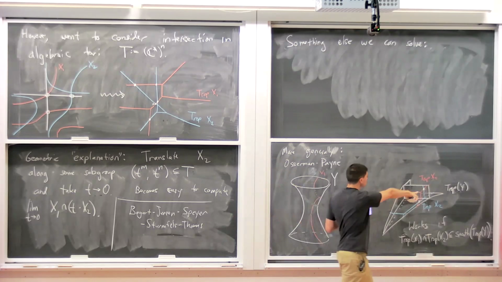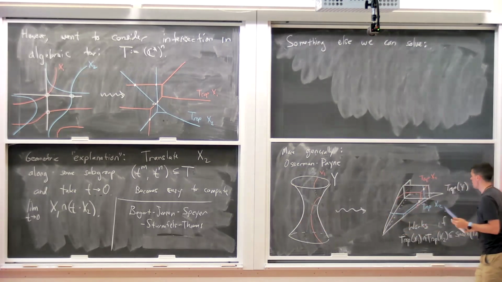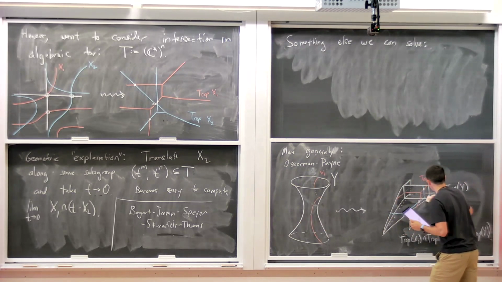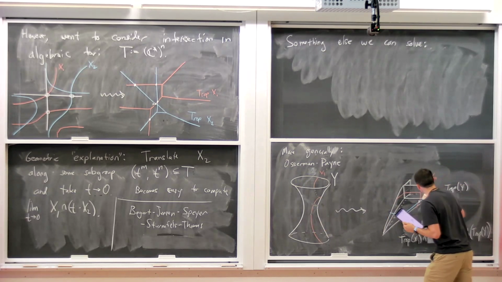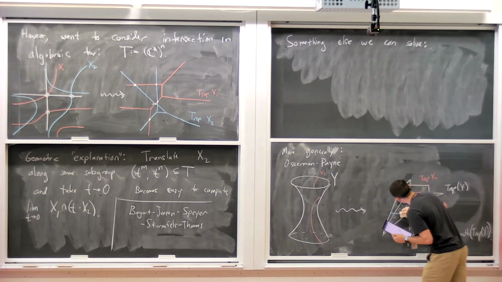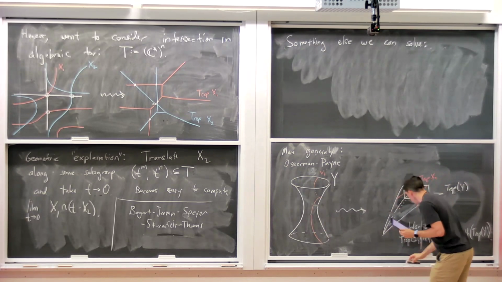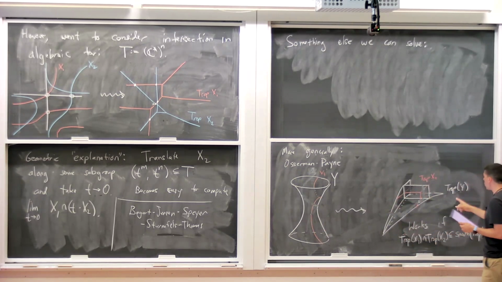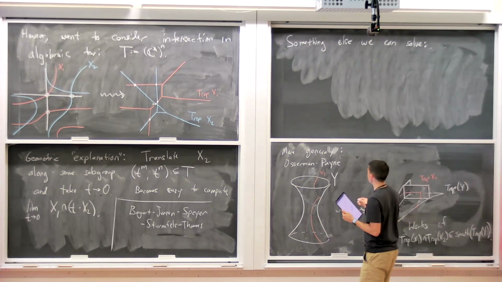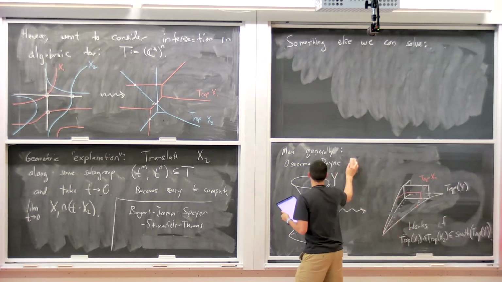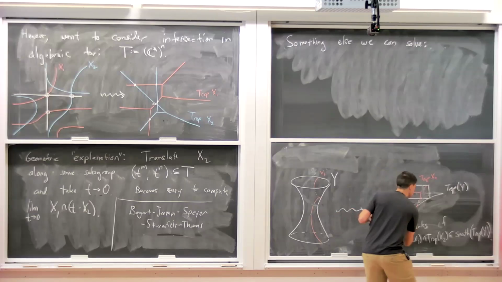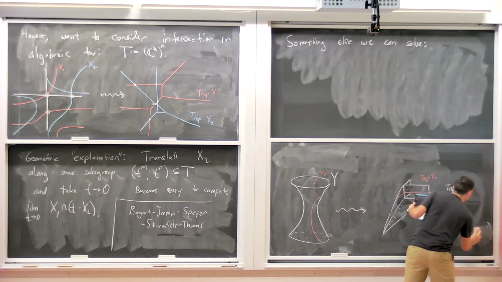I've got my tropicalization of Y, which is this polyhedral complex in R^n. Okay. And I want to work in the special case. I'm going to delete all of the text now because I'm going to redo all of it.